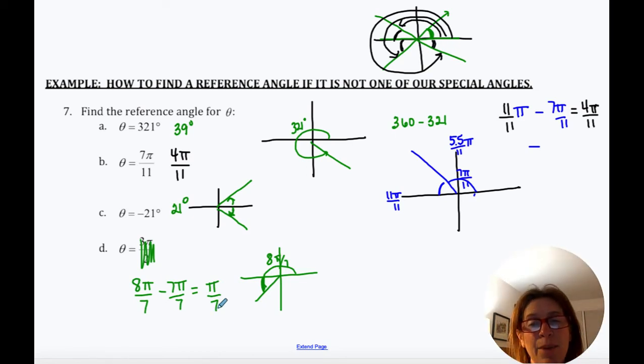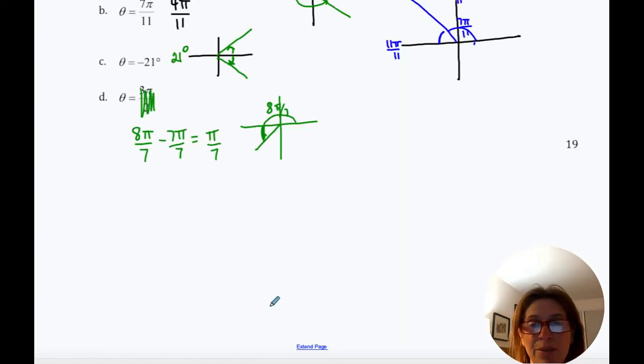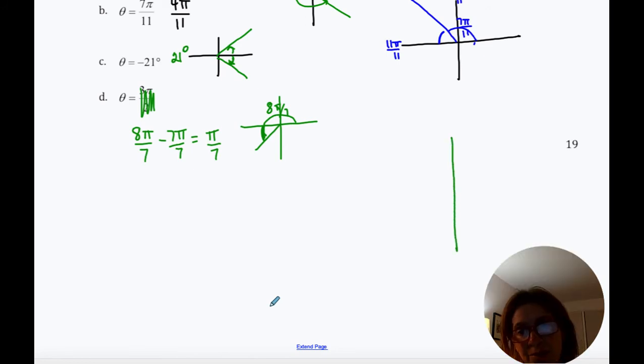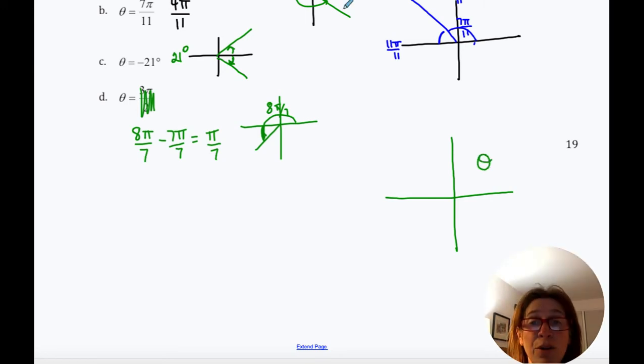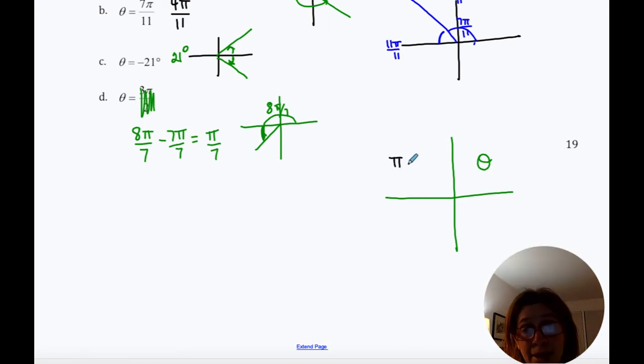All right, so let's think about what we did every single time. It's kind of important for you to see, okay? So if I give you a first quadrant angle, theta, well then theta is the reference angle. To find the reference angle in the second quadrant, we did pi minus theta, okay? In the third quadrant, we did theta minus pi.